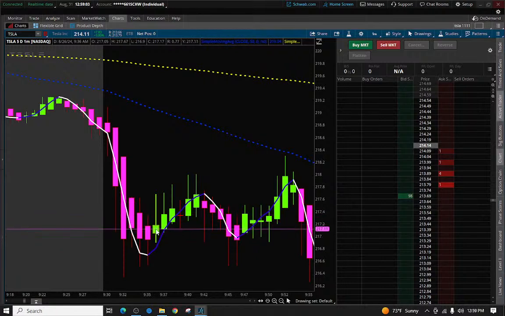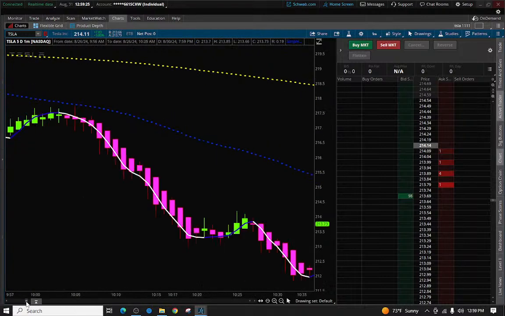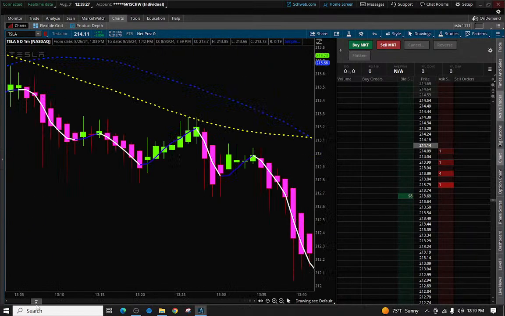And had you done that, you would have made bare minimum $200. Okay, a $2 move. And that's not giving you a good fill by any means, but you would have made $200.